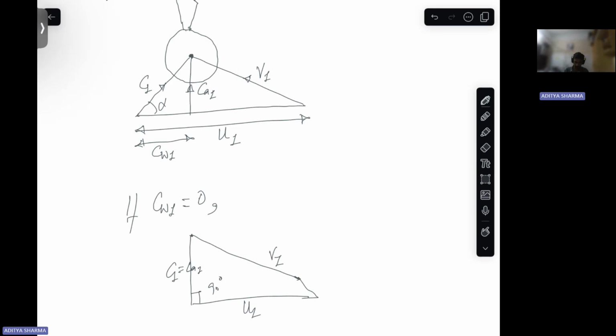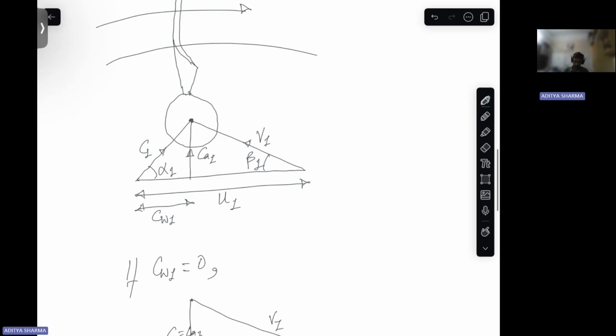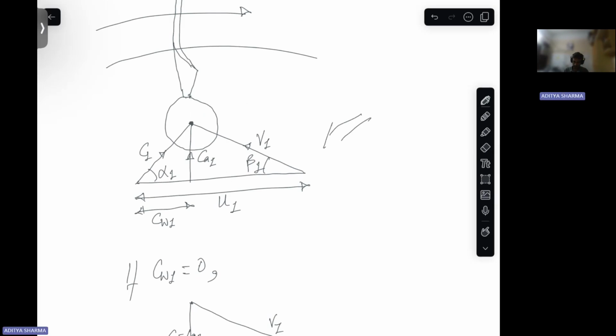This is basically the fluid angle, beta 1. Alpha 1 in this case will be 90. And this is the case for Cw1 not equal to 0.